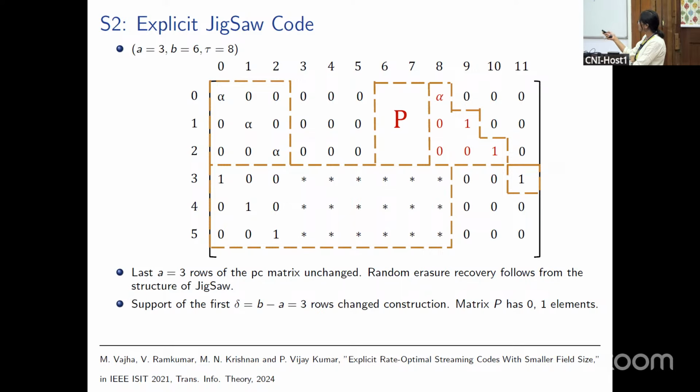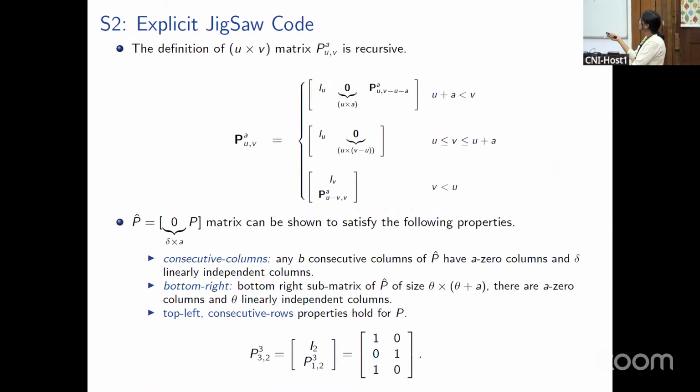So this is the explicit jigsaw code where the P matrix is also binary. And it's a simple extension of the recursive construction we have seen earlier. So we do a column expansion whenever the number of columns is greater than U plus A, where U plus A is the number of rows plus A, because we want to insert A 0 columns.